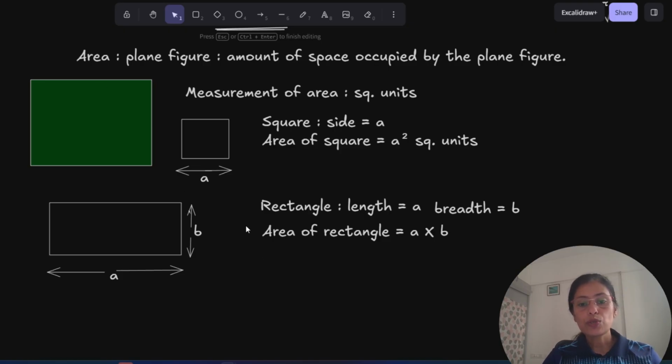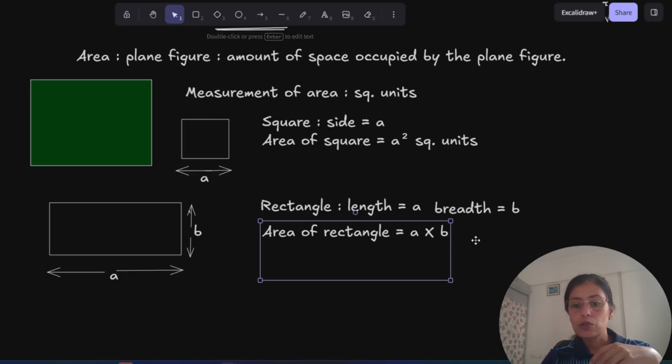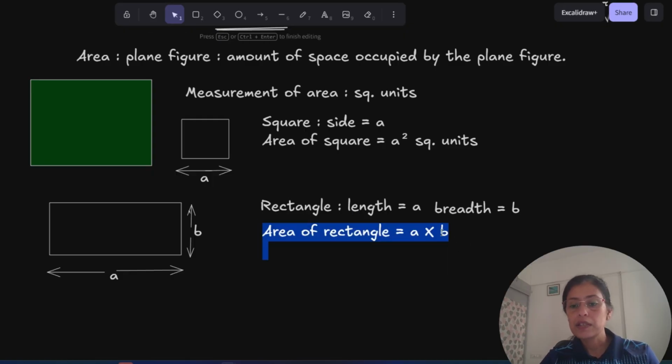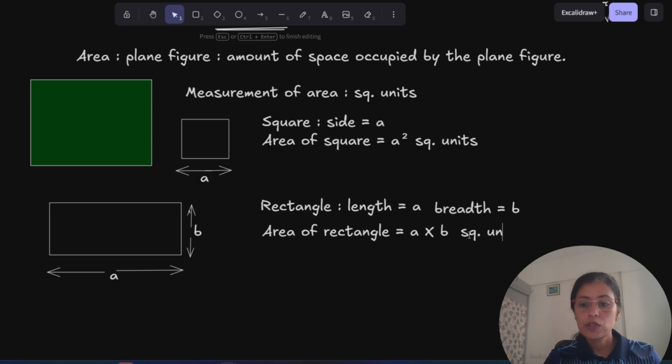So this is also something which you have already learned in your earlier grades. Again, I didn't mention the unit, which is really important. So let's say it is square units.